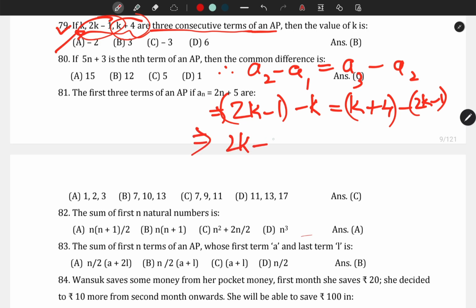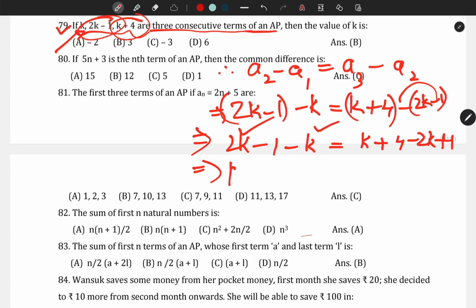So here 2k minus 1 minus k equals k plus 4 minus 2k, minus minus will become plus 1. On the left hand side we are left with 2k minus k, which is k minus 1, and here k minus 2k is minus k, and 4 plus 1 is 5.